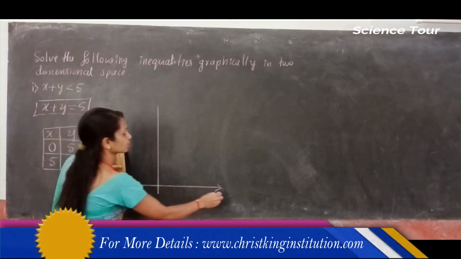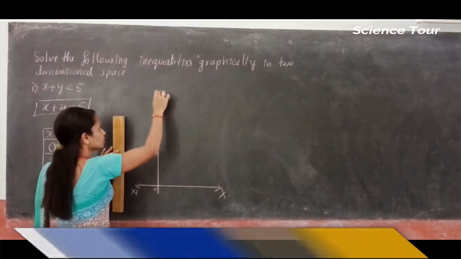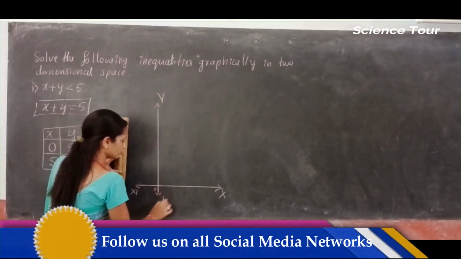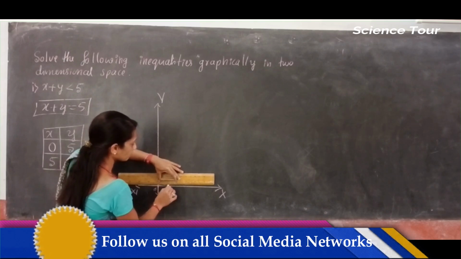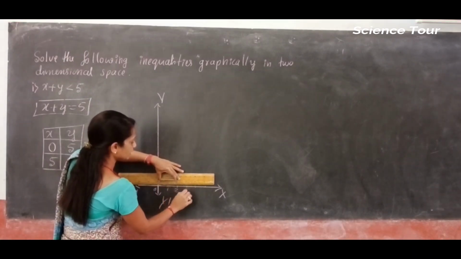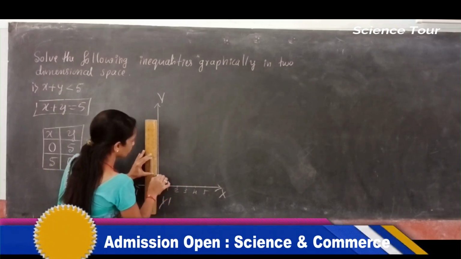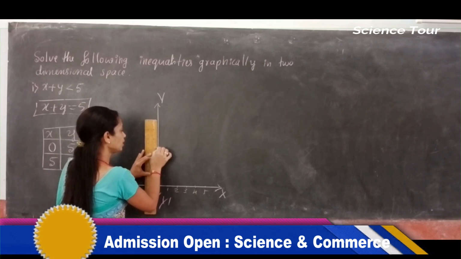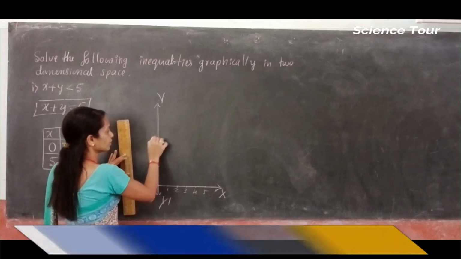The x axis is named XOX dash, and the y axis is named YOY dash. On both axes you have to mark points at equal distances. Take those as 1, 2, 3, 4, 5, and on the y axis also mark points at equal distances, 1, 2, 3, 4, 5, etc.